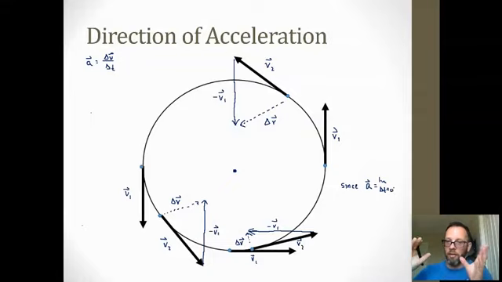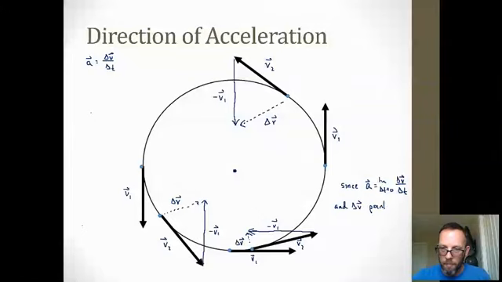So you're making that time closer and closer together, and you're making these points closer and closer together, of delta v over delta t. We can see as we shrink that delta t, delta v goes towards the center of the circle. And delta v points to the center. The acceleration points to the center as well.